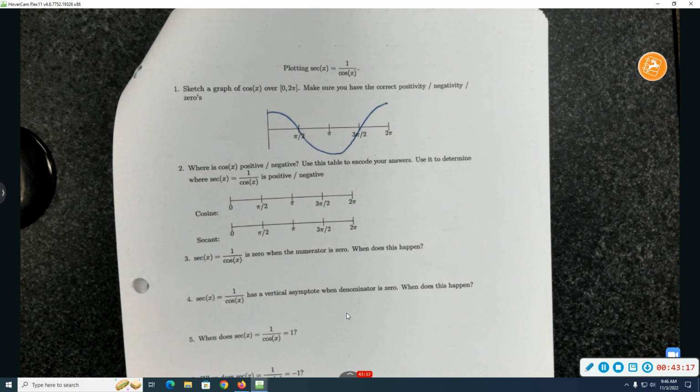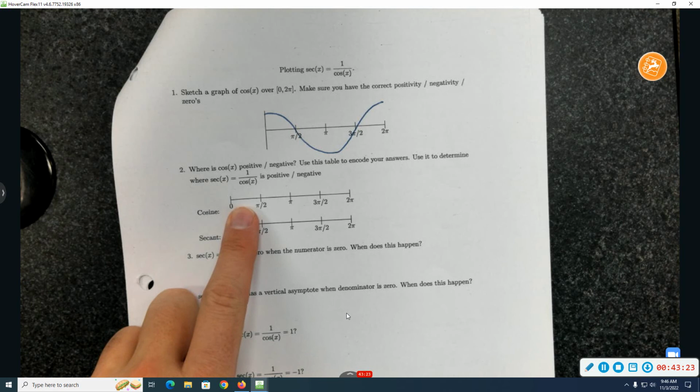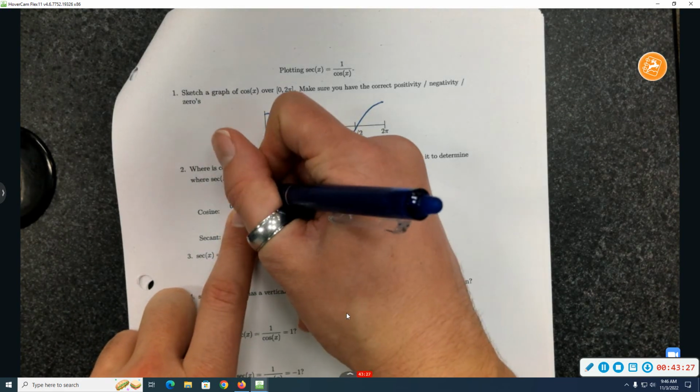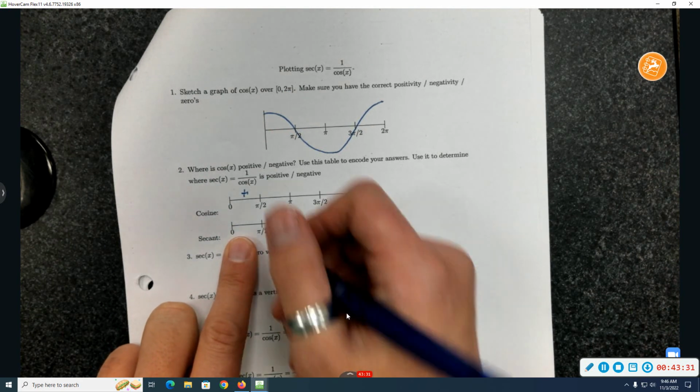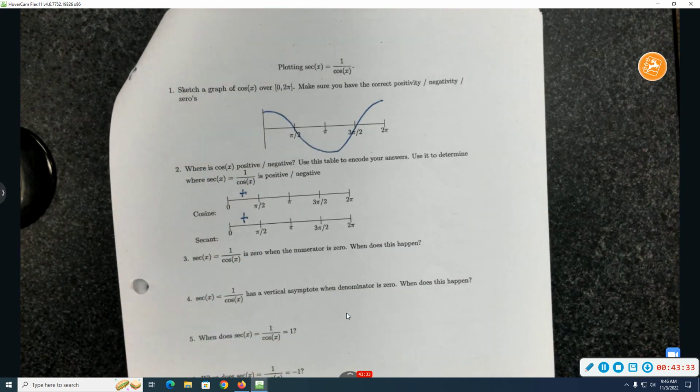So, let's figure out positive or negative. From 0 to pi over 2, is cosine positive or negative? So will secant be positive or negative? In fact, from 0 to pi over 2, all the trig functions are positive. It's quadrant 1.